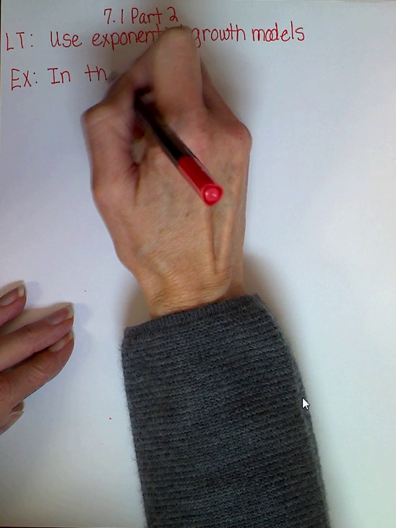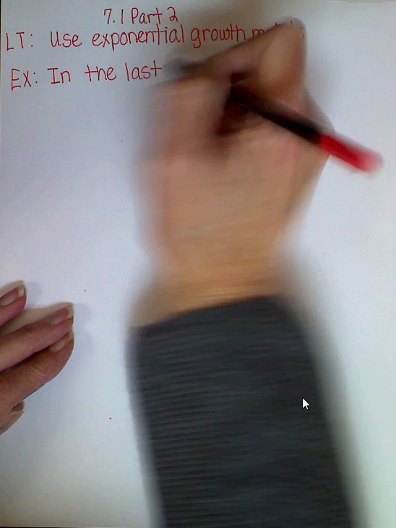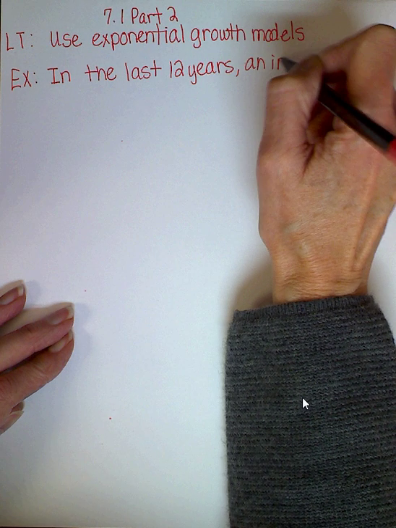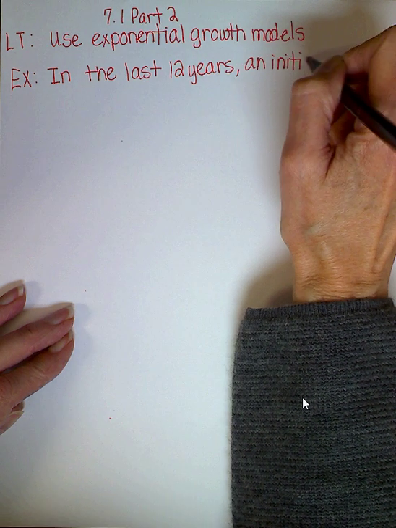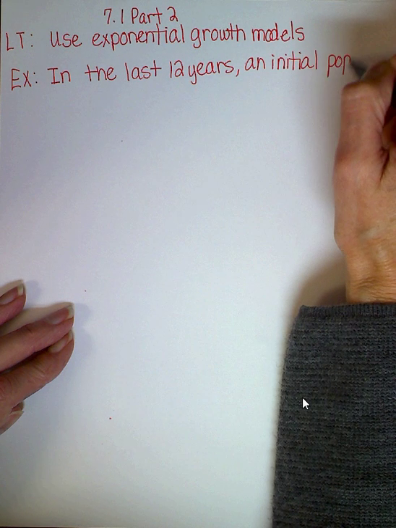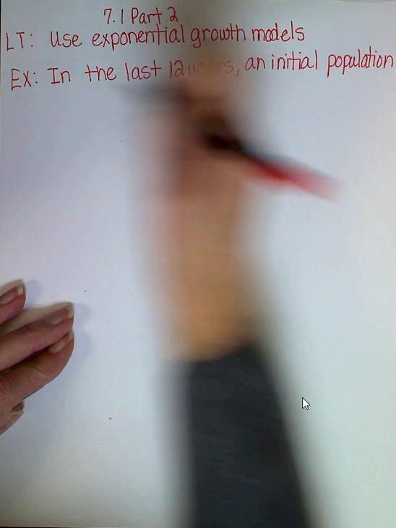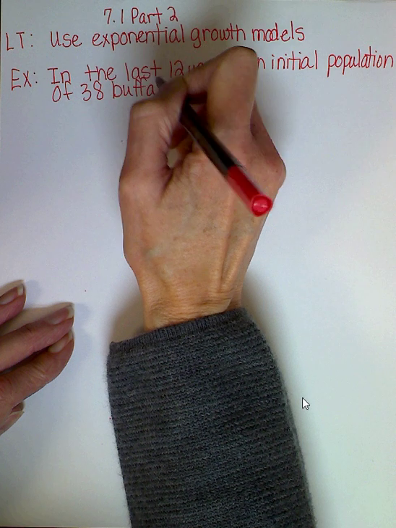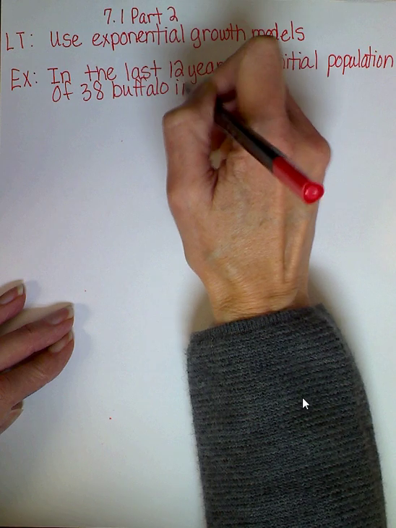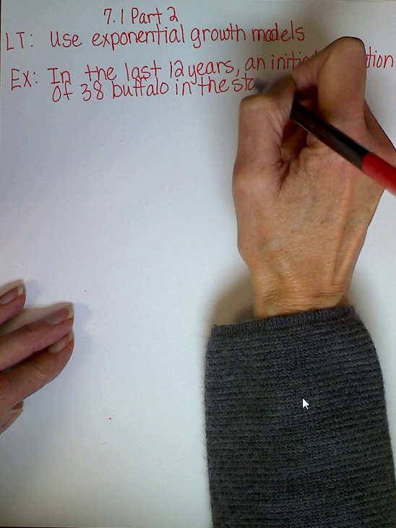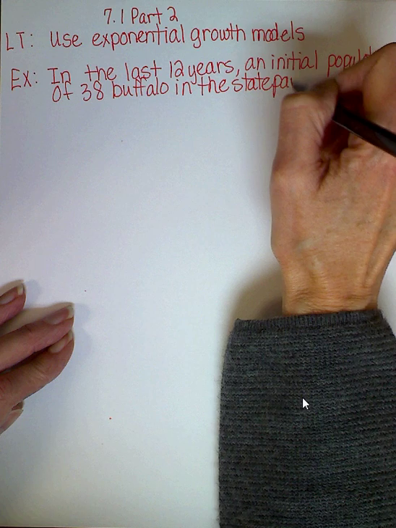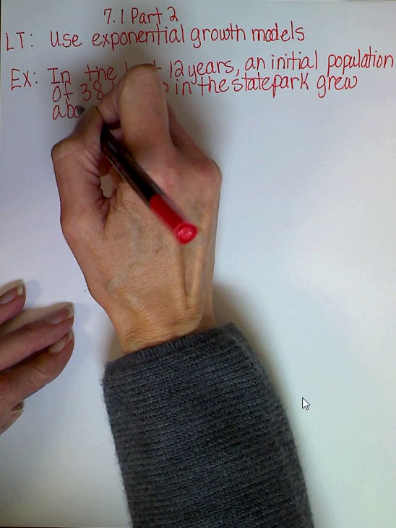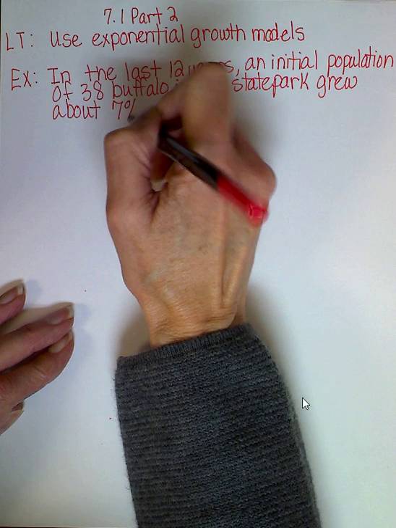But it says in the last 12 years, an initial, and that means beginning, population of 38 buffalo in the state park grew about 7% per year.